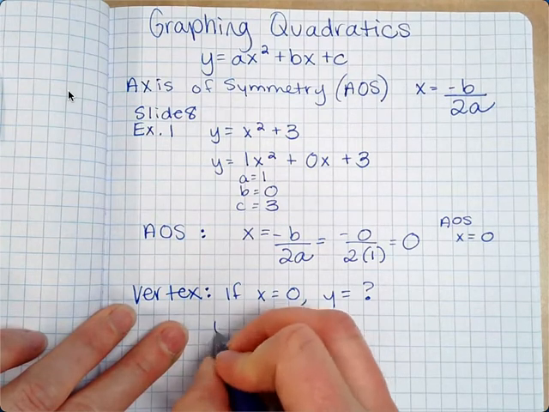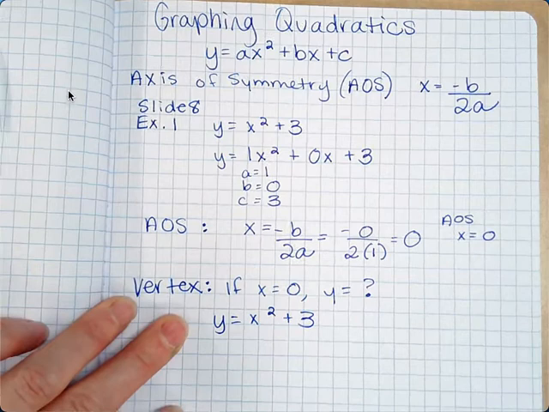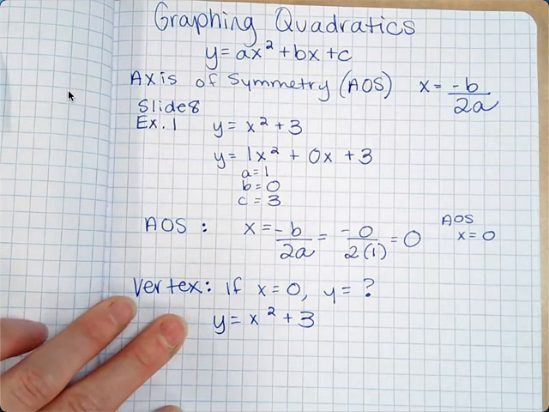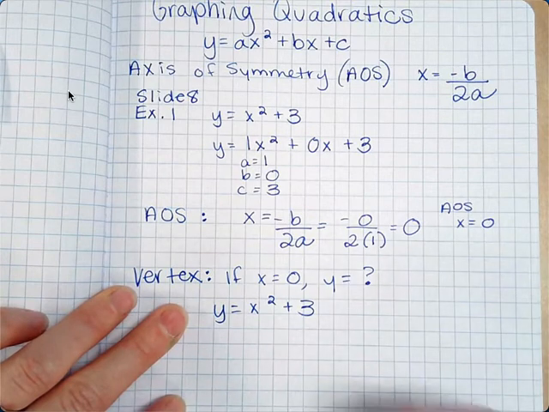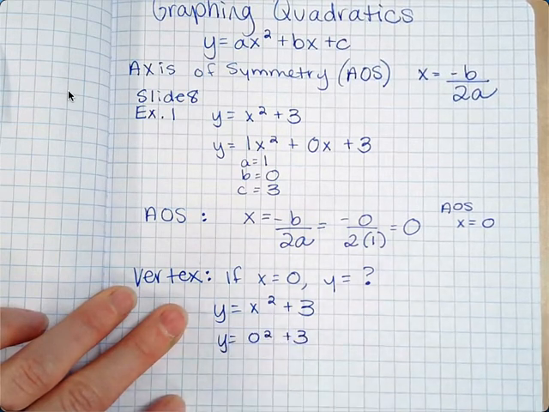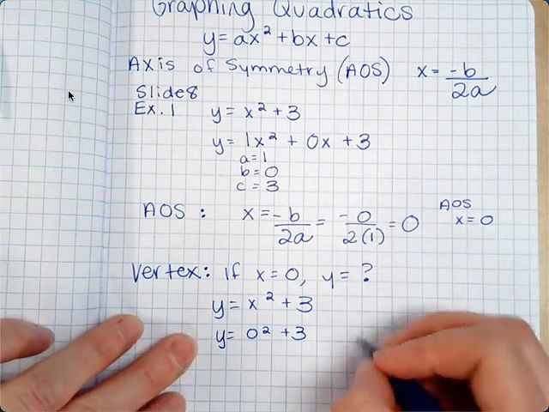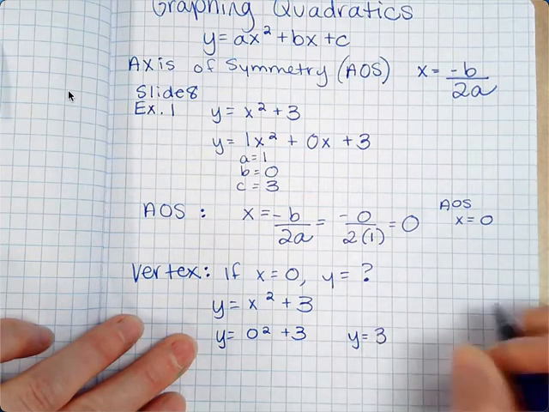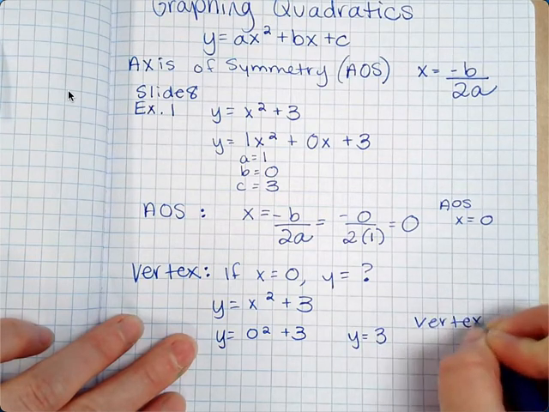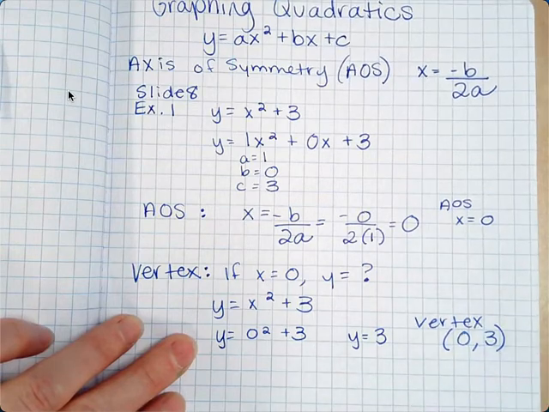So we have our equation y equals x squared plus 3. So y equals 0 squared plus 3. So what does y equal then? Yeah, y equals 3. So our vertex is at when x is 0, y is 3.